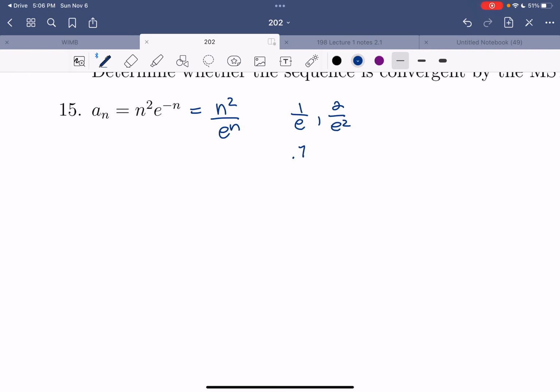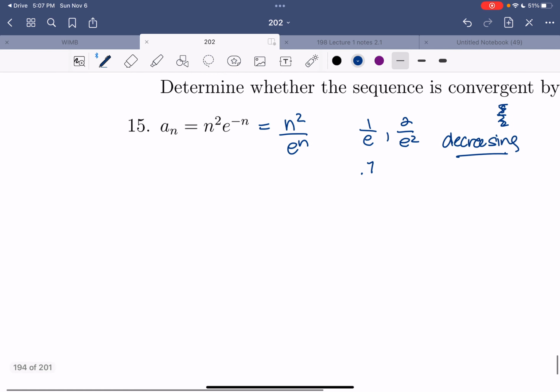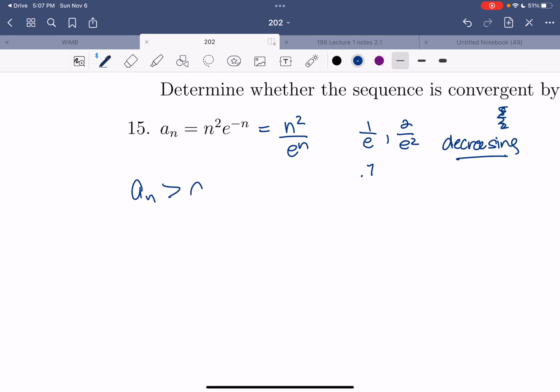This is 2 over 2.7 squared, and 2.7 squared is bigger than 2.5 squared, and 2.5 is 5 halves, and that's 25 over 4, so that gets big real quick. So this, you have 2 over that number, and so this is going to be decreasing. If you put those two into a calculator, which we could do real quick, but we won't, we can show that it's decreasing. So what I want to show is that a_n is greater than a_(n+1).